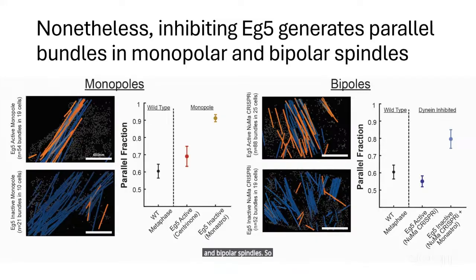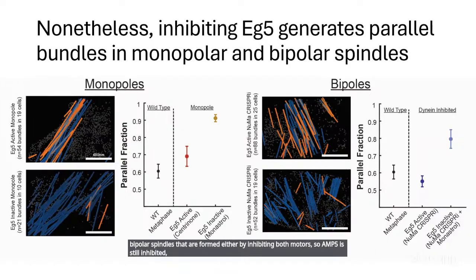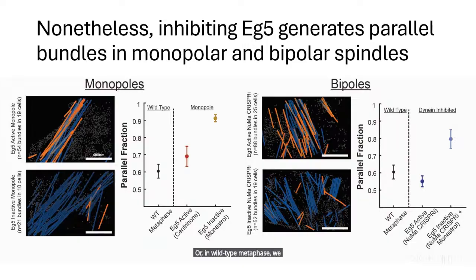So if we compare our motor active monopoles to EG5 inhibited monopoles, we see that the parallel fraction is much higher. Similarly, if we compare bipolar spindles that are formed either by inhibiting both motors, so EG5 is still inhibited, or in wild-type metaphase, we see the fraction of microtubules that are parallel with their nearest neighbors is dramatically higher.